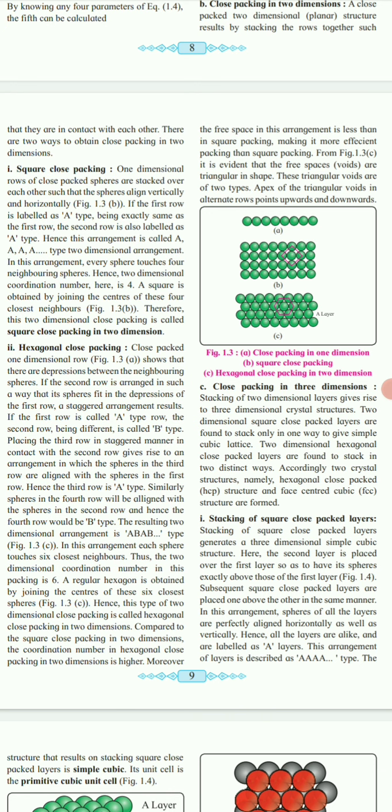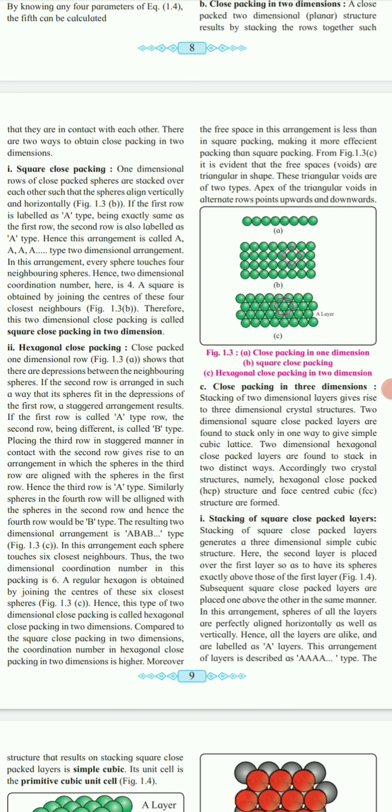Compared to the square close packing in two dimensions, the coordination number in hexagonal close packing in two dimensions is higher. Moreover, the free space in the arrangement is less than in square packing, making it a more efficient packing than square packing.